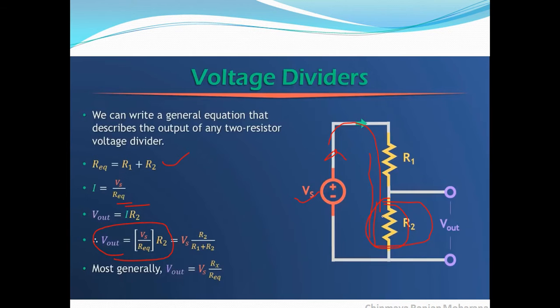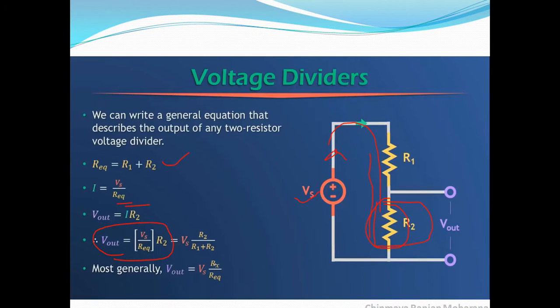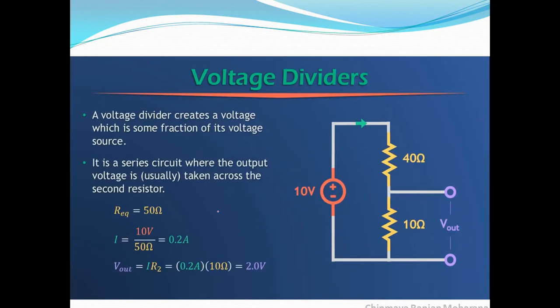Okay, going back to our example, what is the value of voltage in the 10 ohm resistance? We just apply it. Okay. Our equivalent resistance is 50 ohm. Our current is voltage by resistance. Clear? That is our total current is 0.2 ampere here.